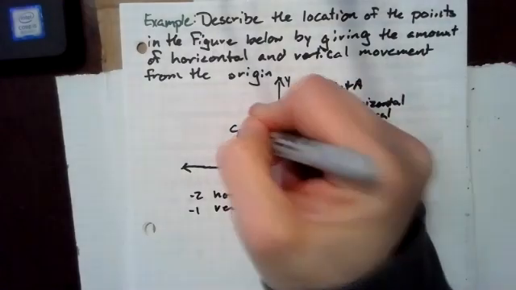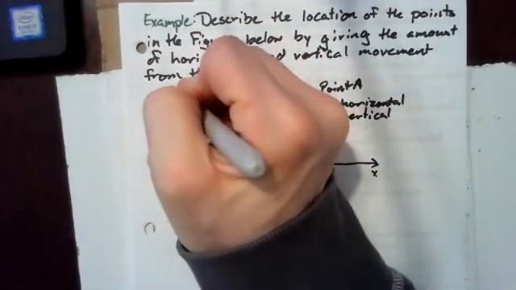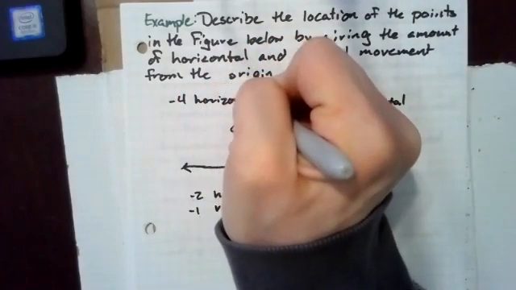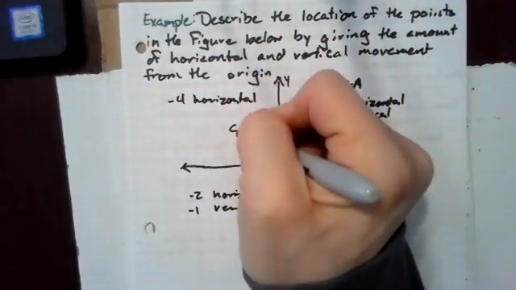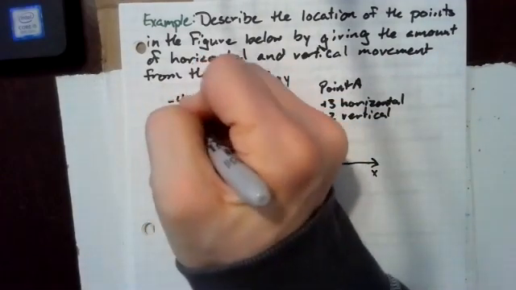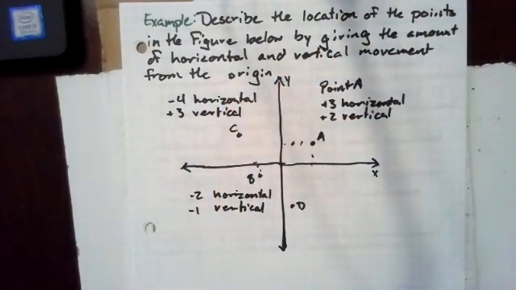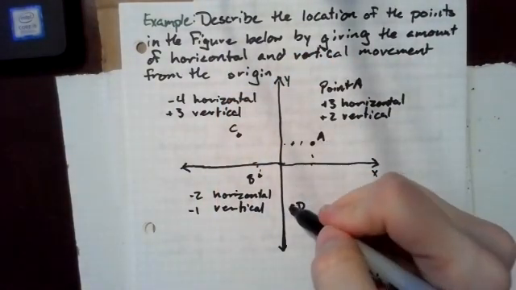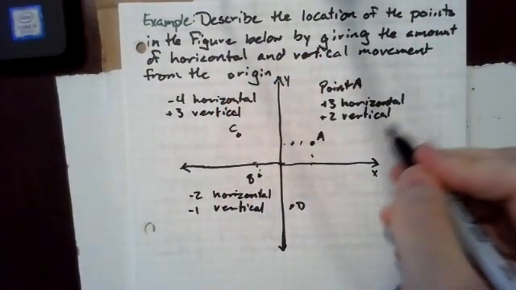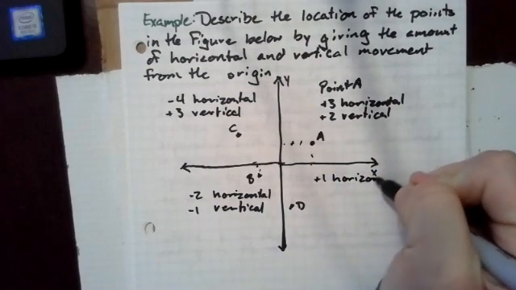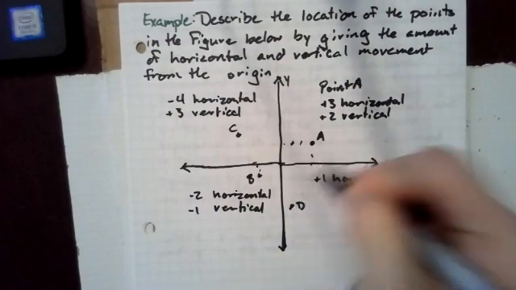C is negative 4 units horizontal and positive 3 units vertical. And D is positive 1 unit horizontal and negative 4 vertical.